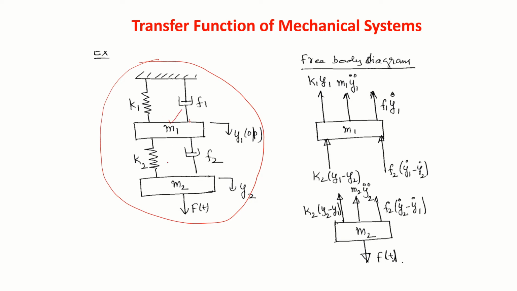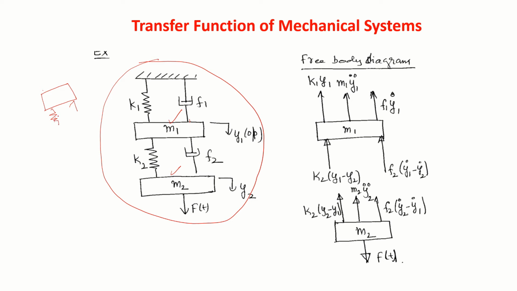I have two masses. Now again, let us look at your car from the back. This is your sprung mass. This is suspension.